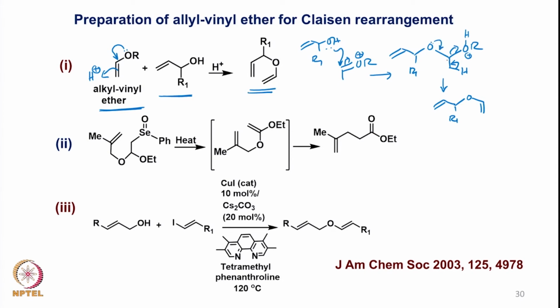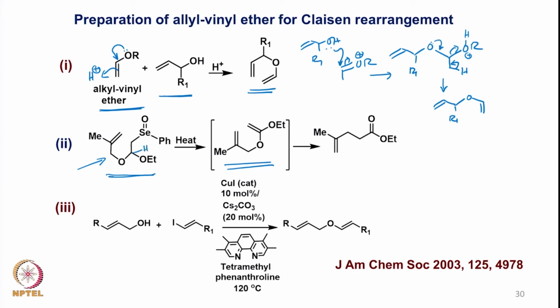The other possibility where the Johnson-Claisen rearrangement type of substrate can be obtained is somewhat like this, where you can have a kind of selenium oxide type of compound prepared. In fact, this is a very good home assignment for all of you, to see how you can make this small molecule, which is very useful, because the moment you do the selenium oxide elimination here, there is a hydrogen here.